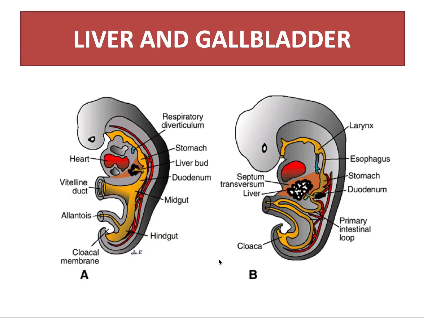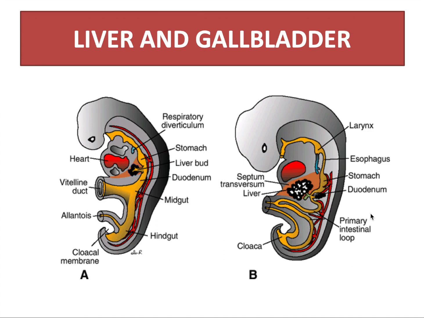The liver primordium appears in the middle of the 3rd week of development as an outgrowth from the distal part of the foregut. This outgrowth penetrates the septum transversum, and the connection between the hepatic diverticulum and the duodenum narrows, forming the bile duct. A small ventral outgrowth is formed by the bile duct itself, and this outgrowth gives rise to the gallbladder and the cystic duct.